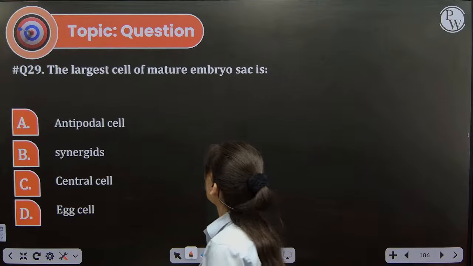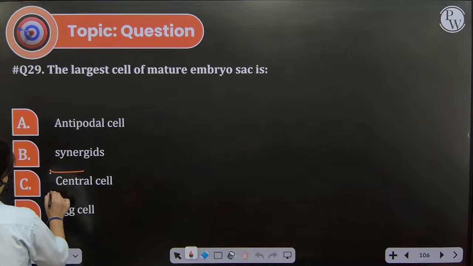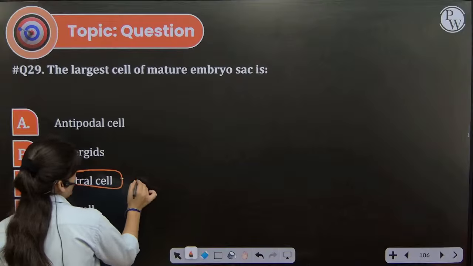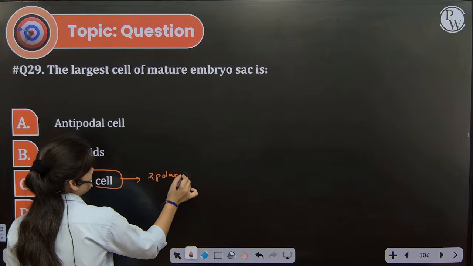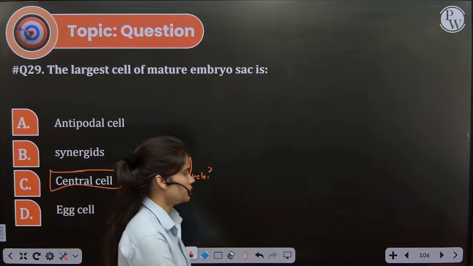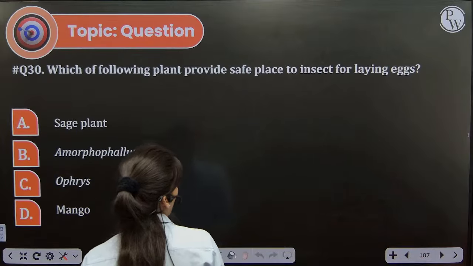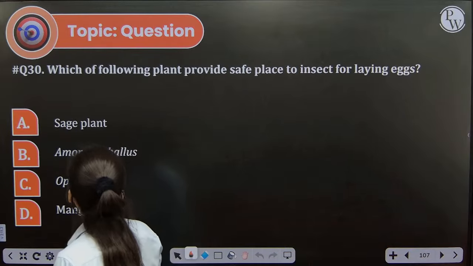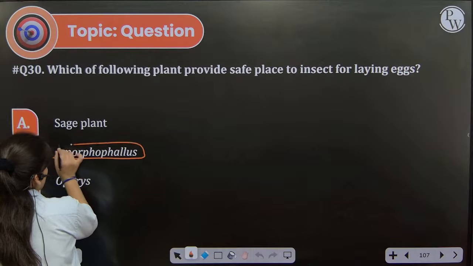The largest cell of the mature embryo sac is the central cell, which has two polar nuclei. Next question. Which of the following plants provides a safe place to lay eggs? One of the tallest flowers, Amorphophallus, its height is about 6 feet.